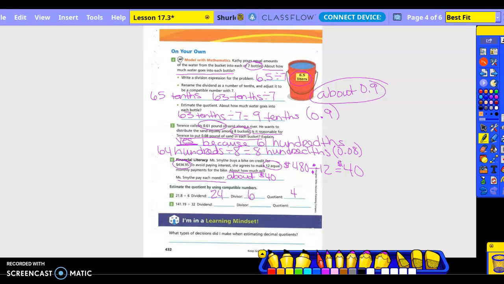Okay. Next one, I have 1,941 divided by 32. So, my divisor. I'll look at it first. Am I going to keep it at 32 or change it? Change it to 30. Okay. Now, I'm going to pretend like the 0 is not there, right? And I'm going to take the 3 into the what? 14, not the 141.